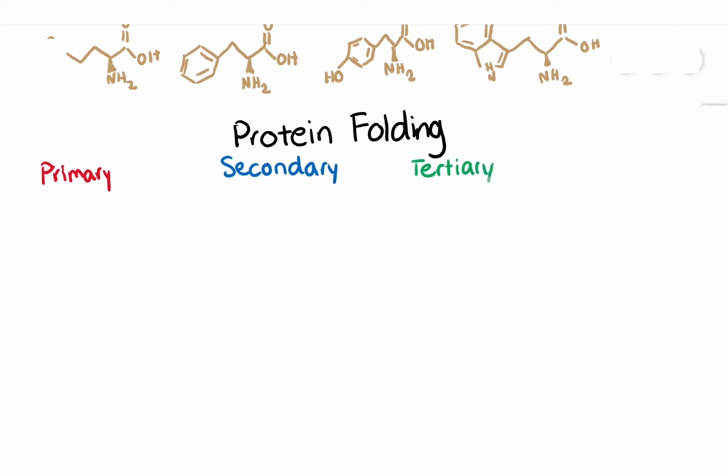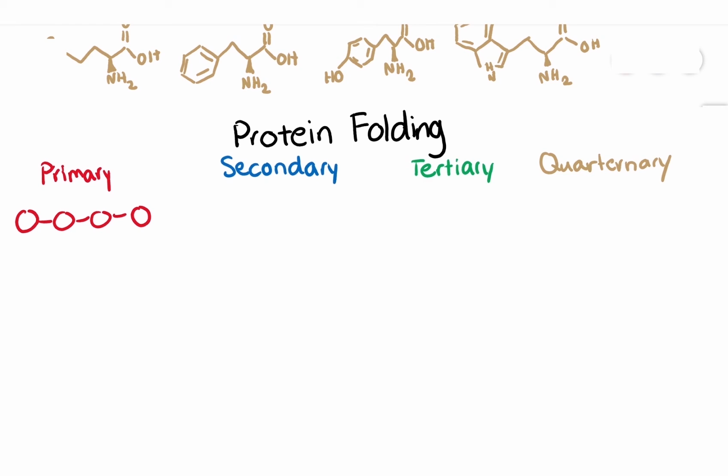And finally, you have a quaternary structure. So your primary structure is extremely simple. It's just a sequence of amino acids. Your secondary structure, on the other hand, is local interactions between stretches of your polypeptide chain, and it includes alpha helix and beta pleated sheets.